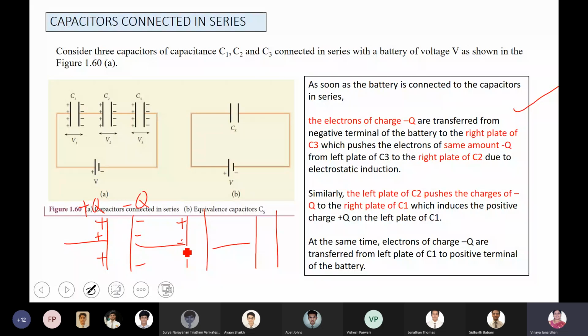Just go through this, boys, how charges are being transferred. And if you want, you can put it as CS.